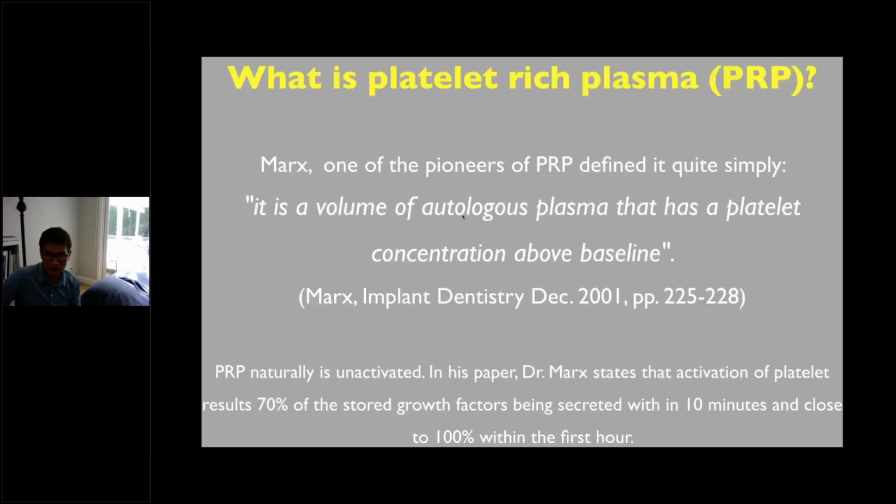So let's talk about now. We're talking about CGF, PRF. So let's look at the history a little bit. I still have some time to go through the PRP. First, we know platelet-rich plasma, which a lot of orthopedic surgeons are using as a medical college. So in Miami, Dr. Robert Marx first came with a lot of applications to dentistry, and he did a lot of surgery with the PRP.